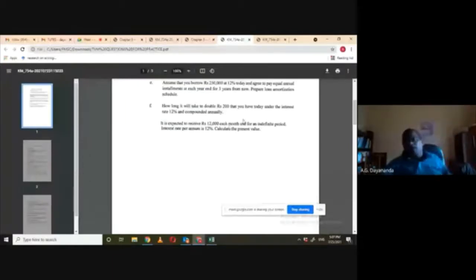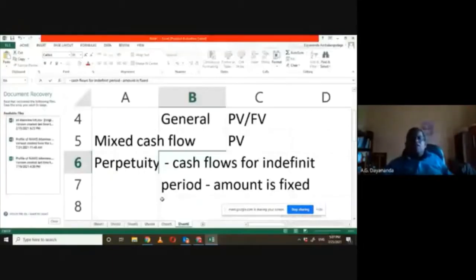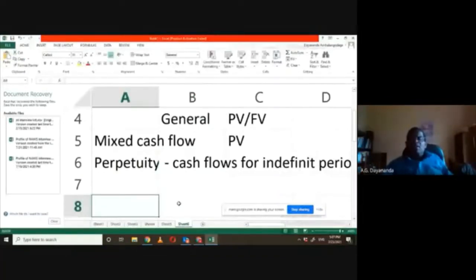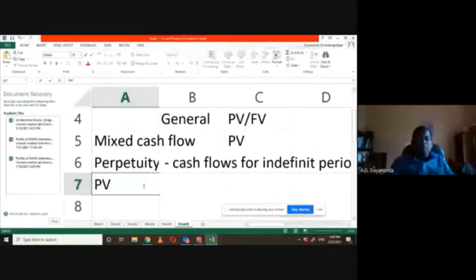Very simply, if you want to calculate the present value of perpetuity, present value of perpetuity is equal to P divided by I, where P means perpetuity. That's all.